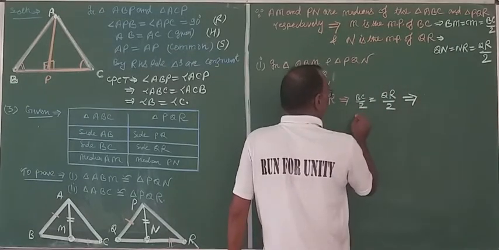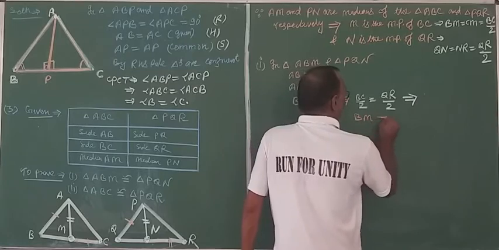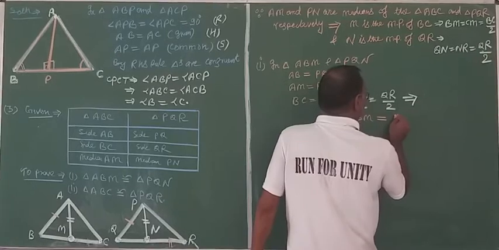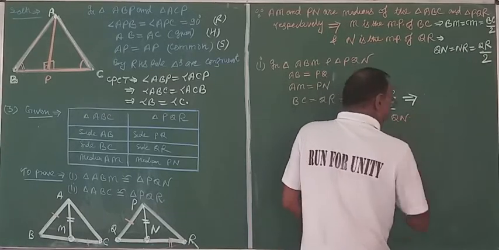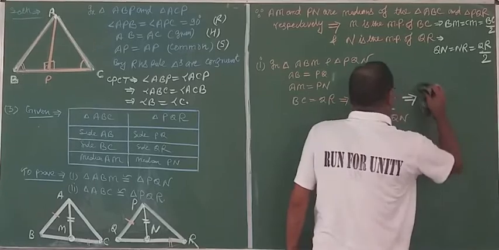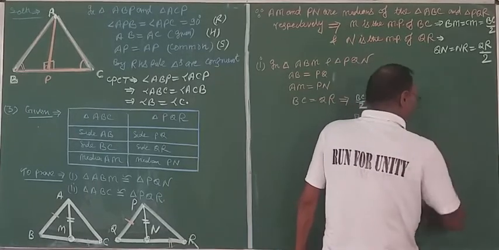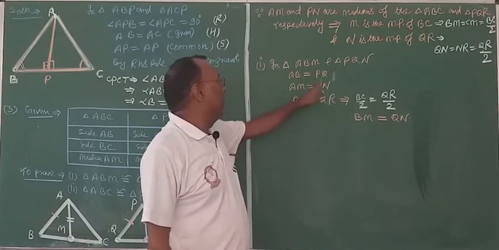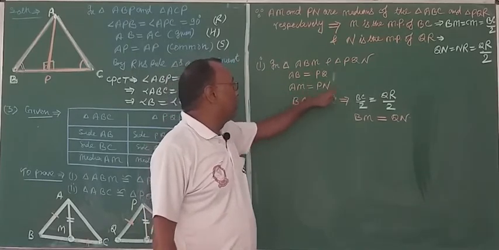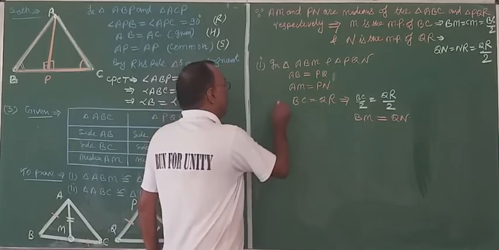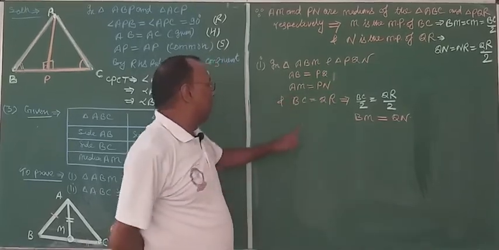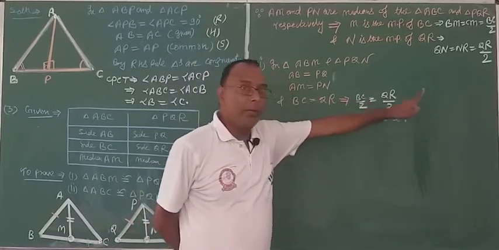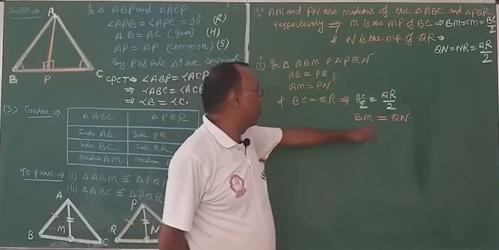BC upon 2 means BM and QR upon 2 can be QN. Is it okay? By AB equal to PQ, AM equal to PN, and BC equal to QR, which was given, if we divide BC and QR by 2, then BC upon 2 will be equal to QR upon 2. That is BM is equal to QN.